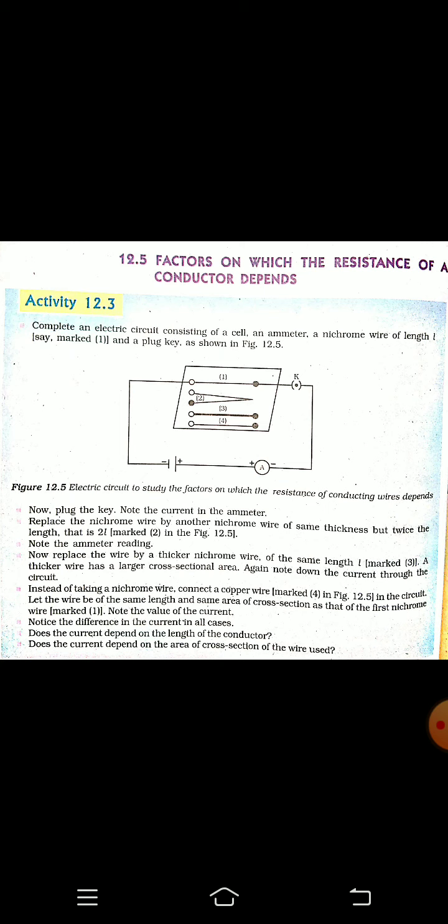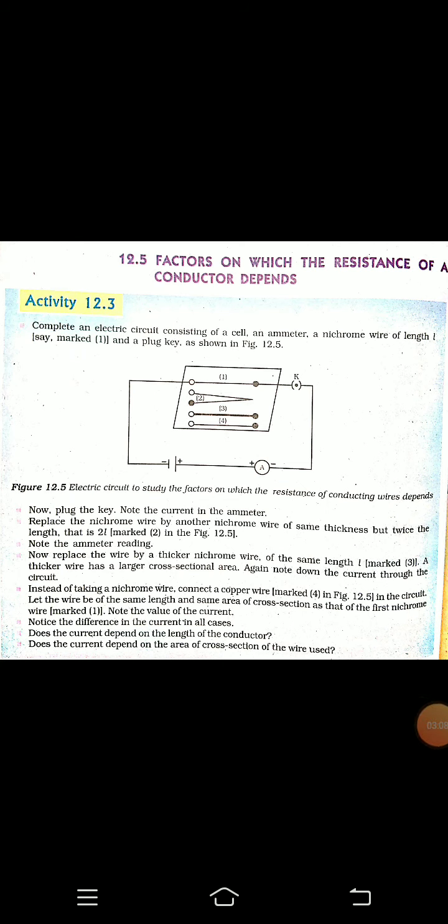In the third case, we have to remove this 2L nichrome wire and keep a thicker wire, thicker than before, and then note down the reading. In the fourth case, we have to remove all these wires and keep a wire of length L, but it is a copper wire. Then we have to note down the readings. Then we have to notice the difference for all the cases.